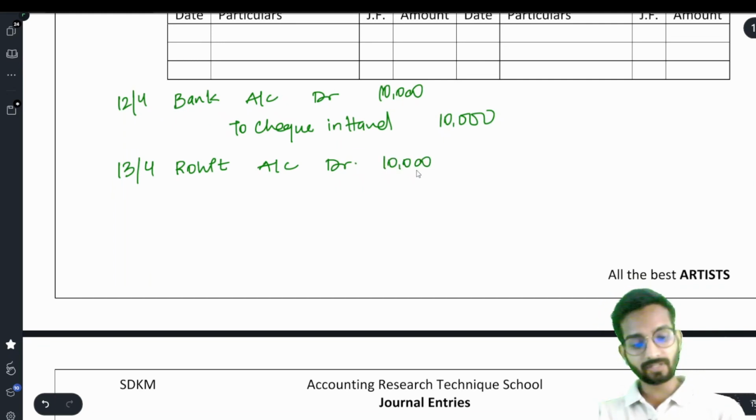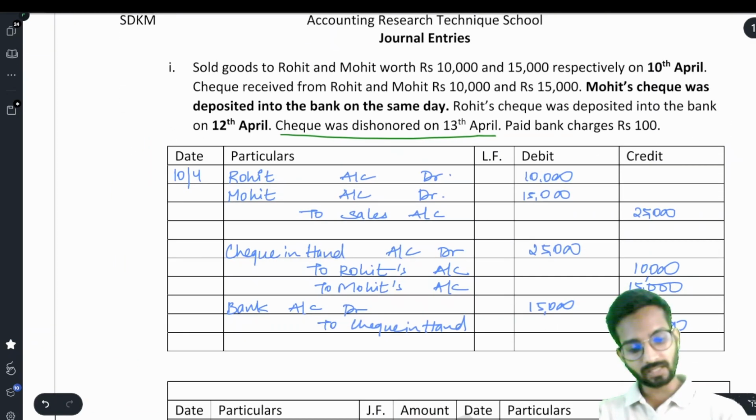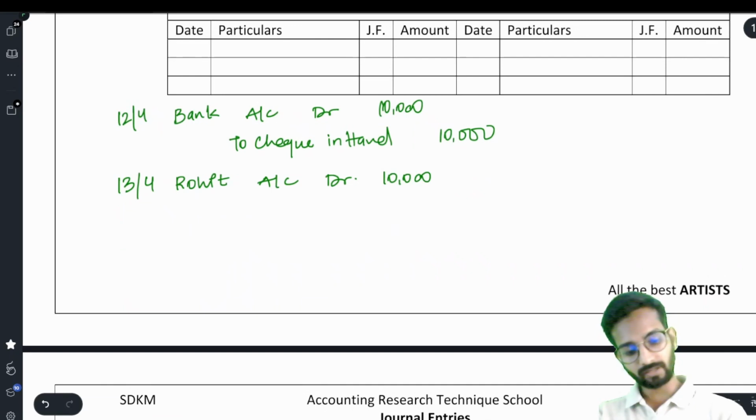Okay. After that, what have they mentioned? They have mentioned paid bank charges of rupees 100. Now if I have to pay these bank charges of rupees 100, I have to write it in the journal entry. Now I will write here bank charges account debit, 100 rupees.